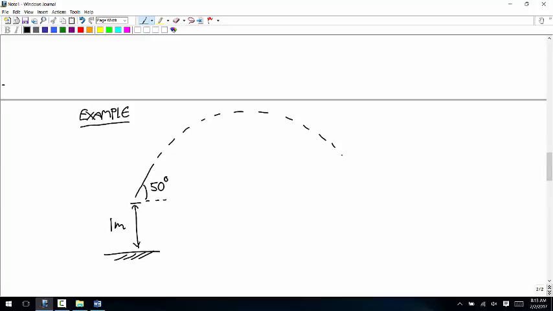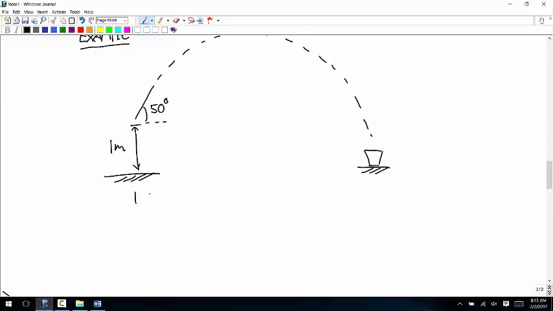And we want it to land in a cup that's a distance of 3 meters away horizontally. And given that the cup is 0.2 meters high.